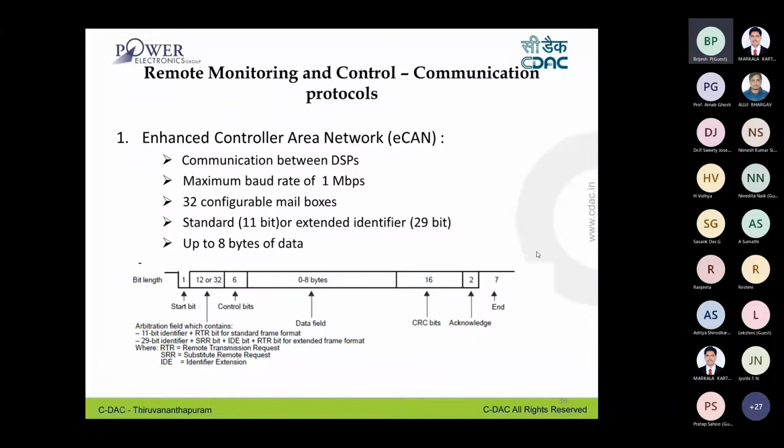Some of the basic protocols and communication modules used in this PCU development, one very important one is CAN. This CAN module is used for data exchange between different digital hardware and the different DSPs.